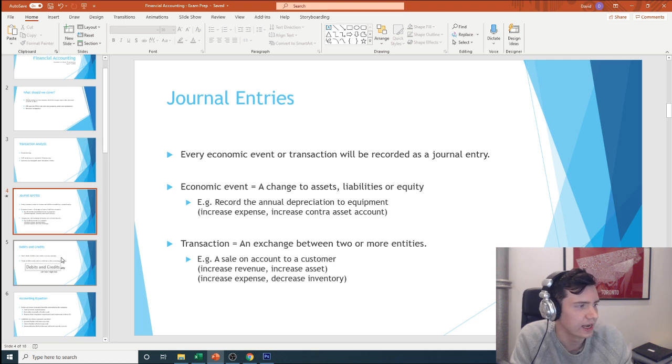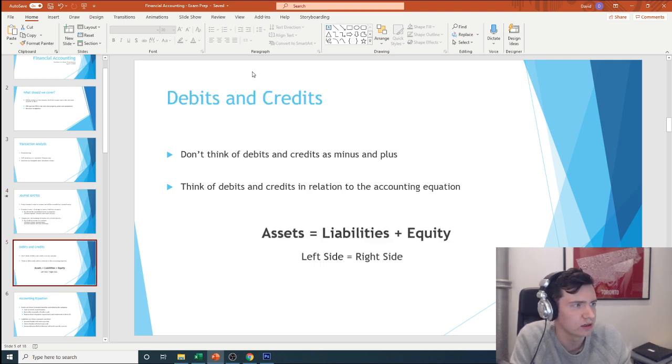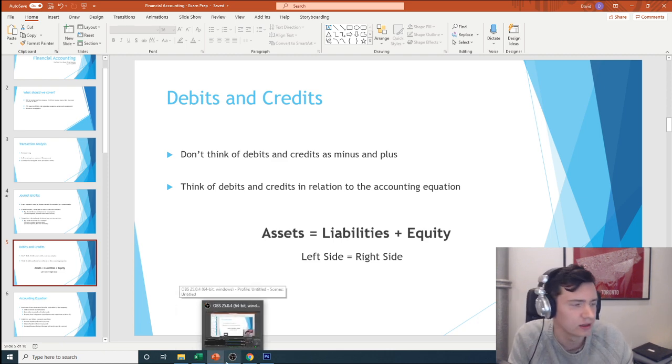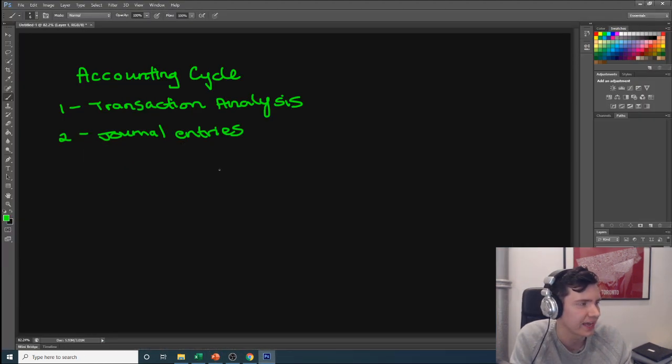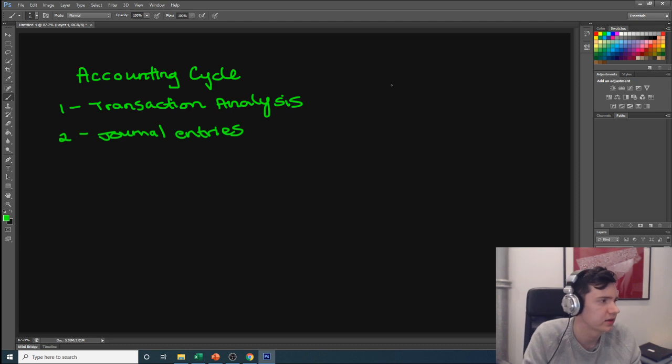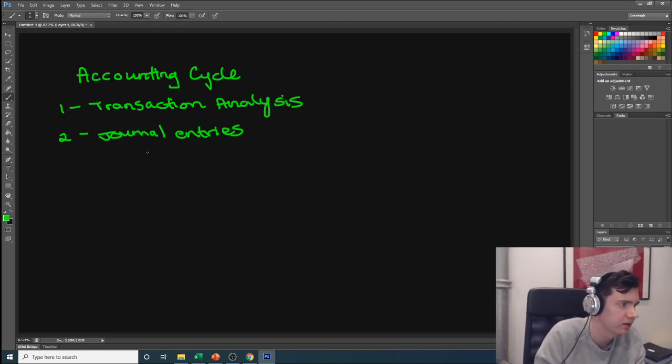And the journal revolves around using debit and credit entries. So, your double entry accounting. Every journal entry requires one debit and one credit.